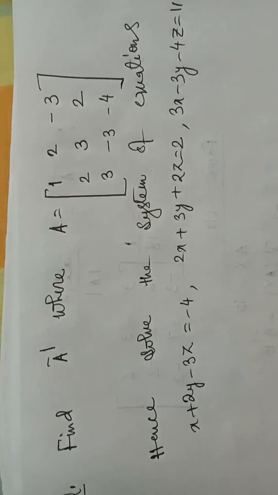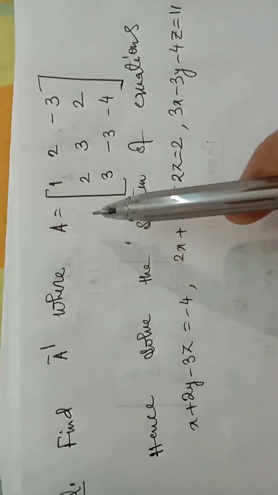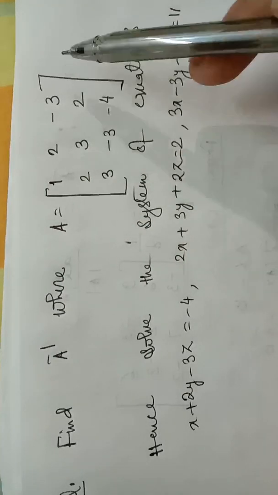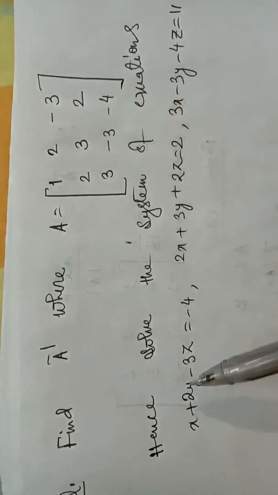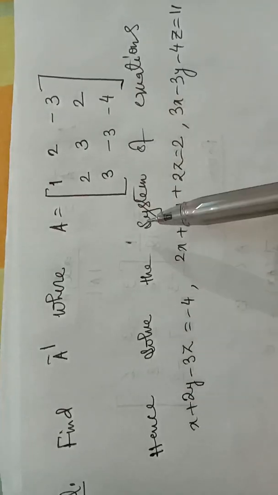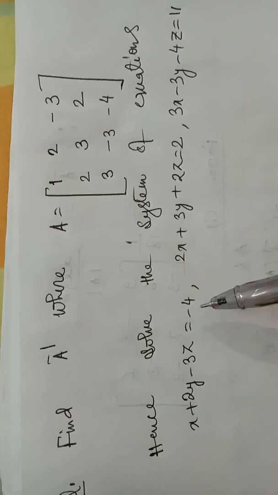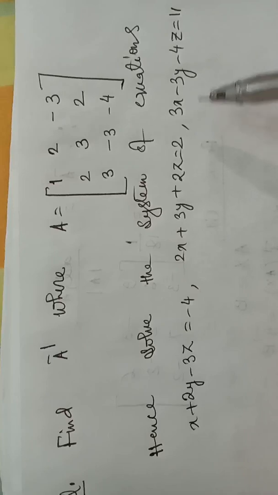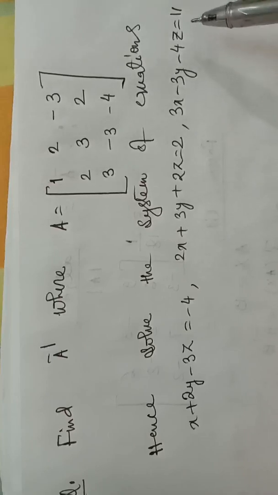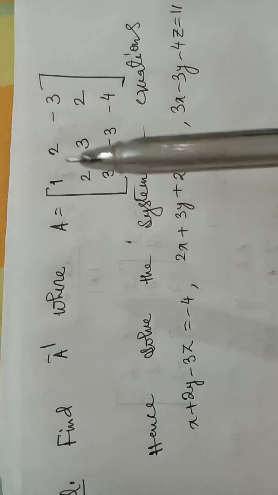Next question is, find A inverse where A equal to the matrix 1, 2, minus 3, 2, 3, 2, 3, minus 3, minus 4. Hence solve the system of equations x plus 2y minus 3z equal to minus 4, 2x plus 3y plus 2z equal to 2, and 3x minus 3y minus 4z equal to 11. Just notice one thing.